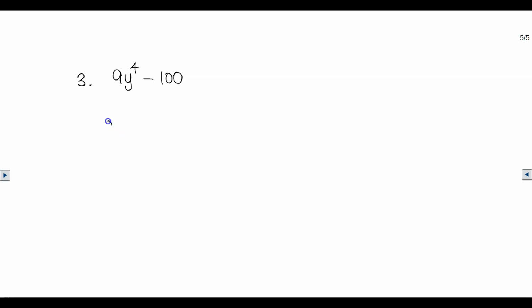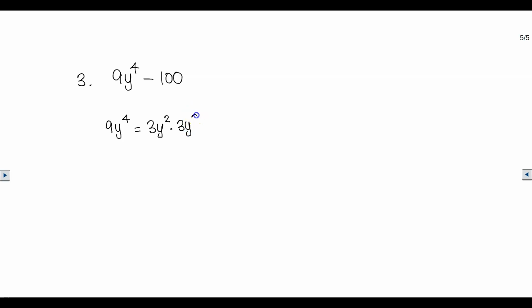Are these perfect squares? So think about 9y to the 4th. Is there something you could multiply times itself to get 9y to the 4th? Well, I know for 9 I can do 3 times 3. And I know for y to the 4th I can do y squared times y squared.